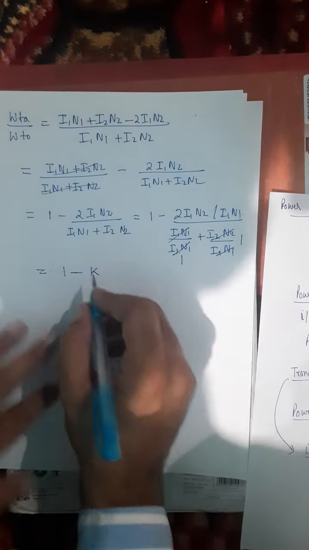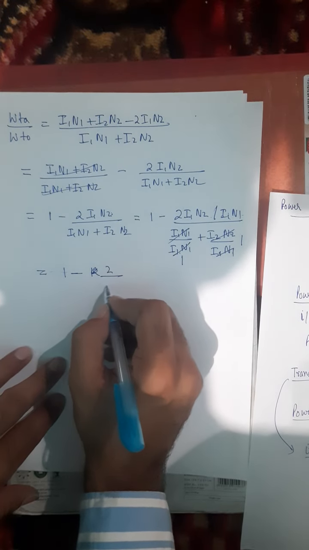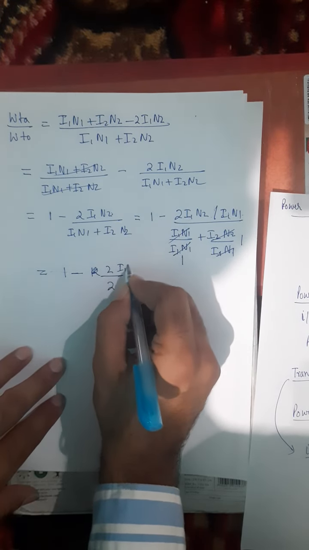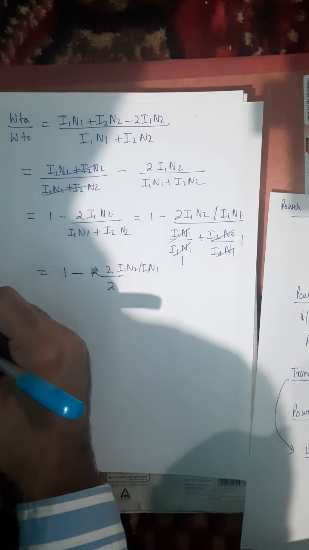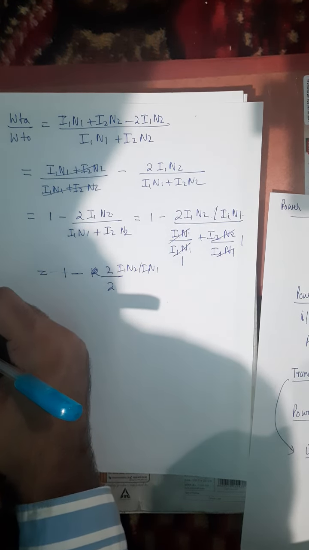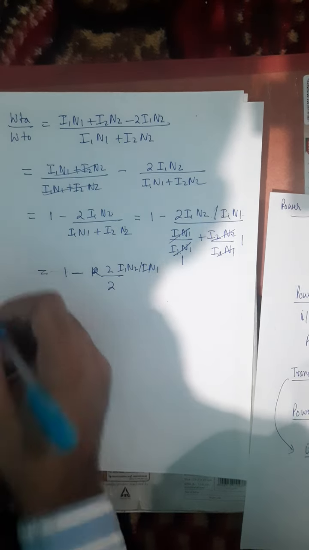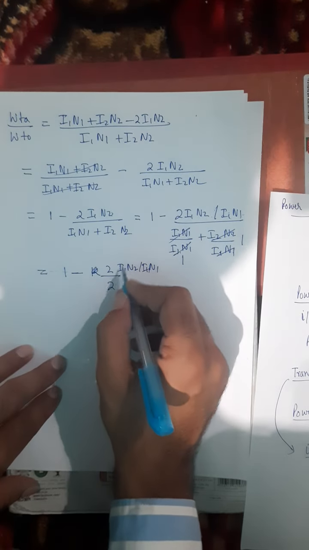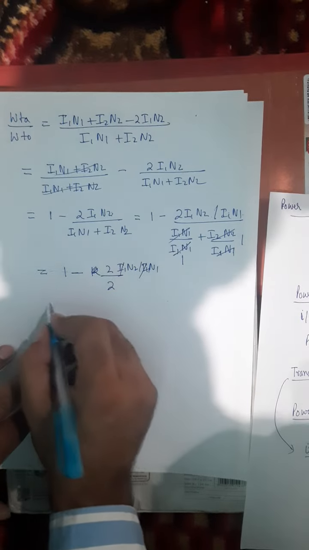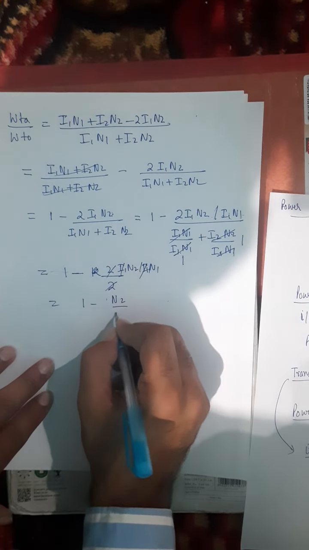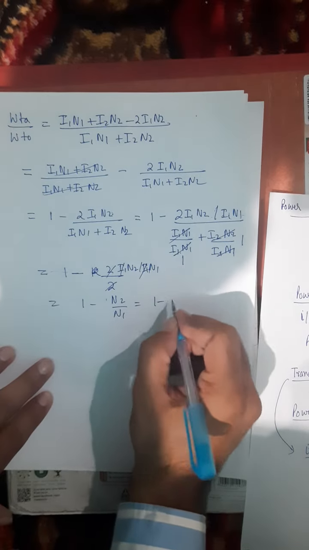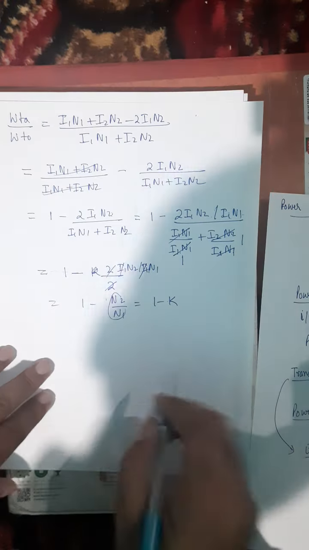In the denominator I will get 2 divided by I1 N1, and the terms cancel each other. 1 minus 1 will cancel, so it will be N2 by N1. So N2 by N1 is nothing but 1 minus K. N2 by N1 is K.